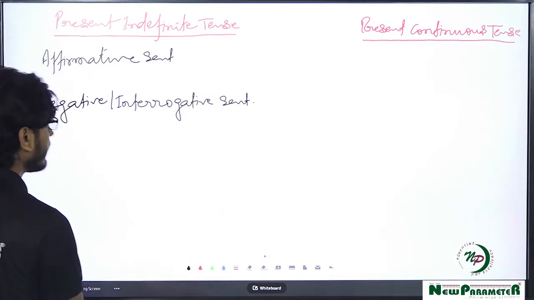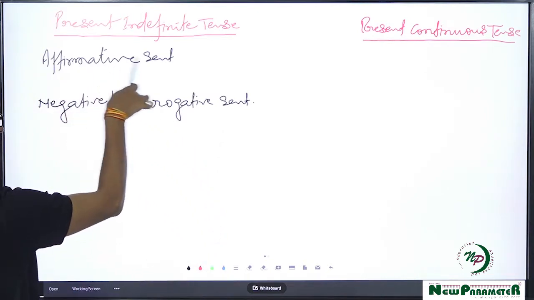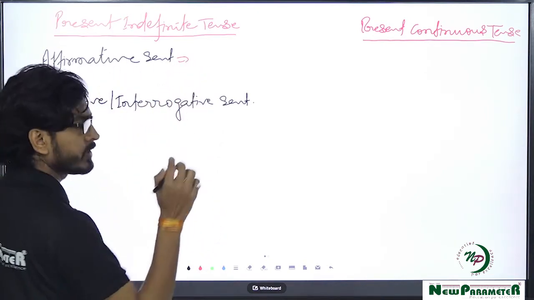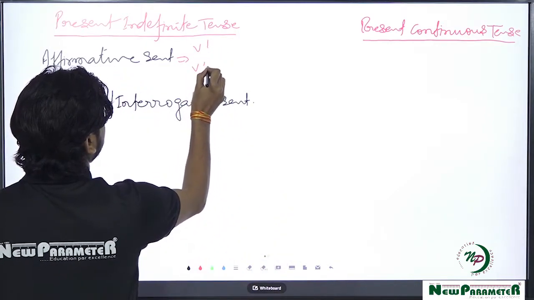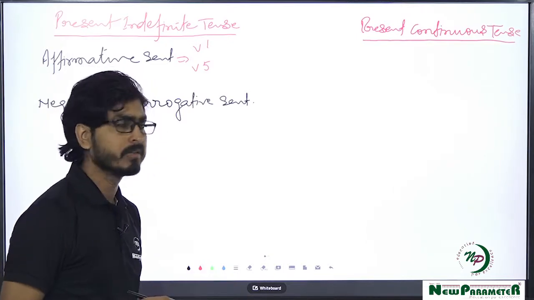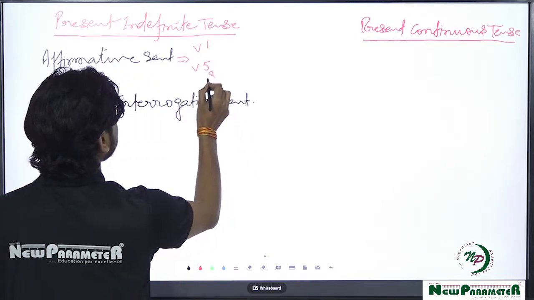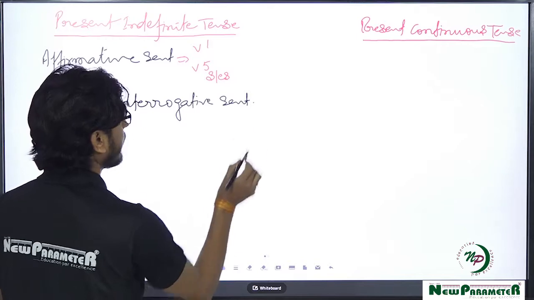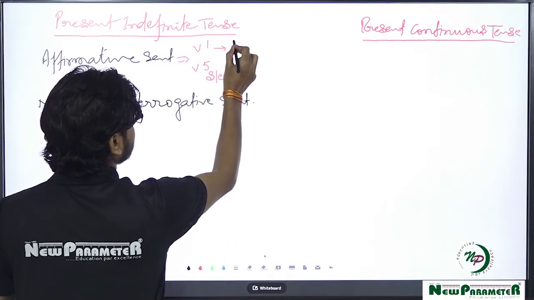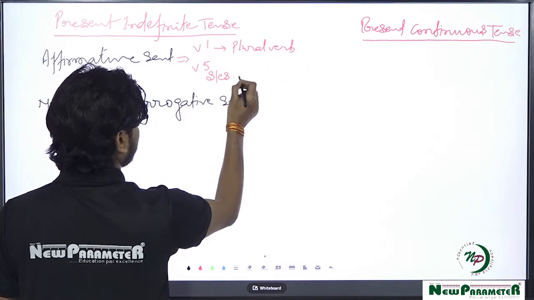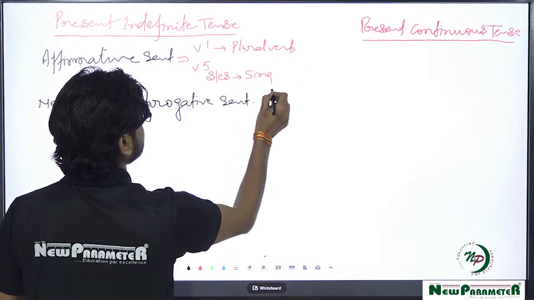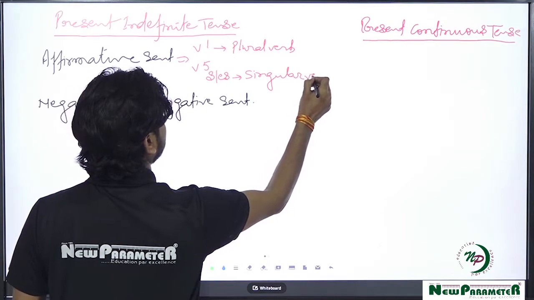What happens in present indefinite, in affirmative sentence, we use two types of verb, that is V1 and V5. And you know very well V5 is what? S or ES form. V1 is basically considered a plural verb and V5 is considered a singular verb. Okay?